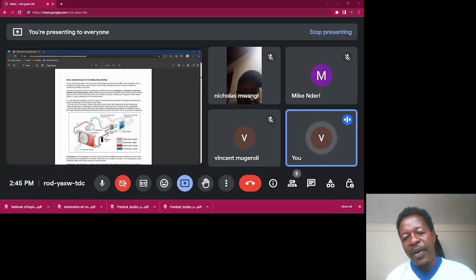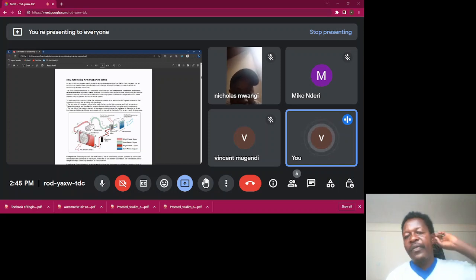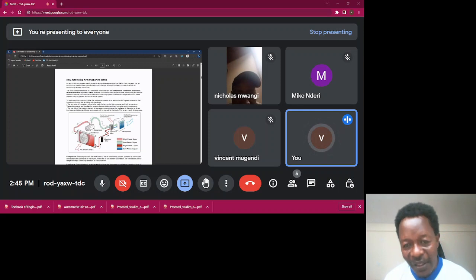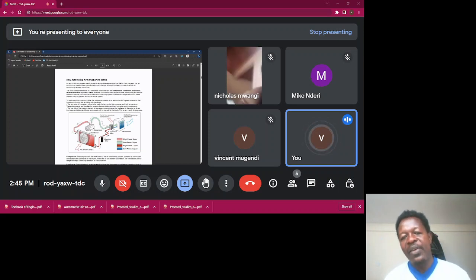Then from the receiver dryer, we go to the evaporator through the expansion valve. The expansion valve acts as a throttling device, and this is the one that releases refrigerant in small amounts to the evaporator.